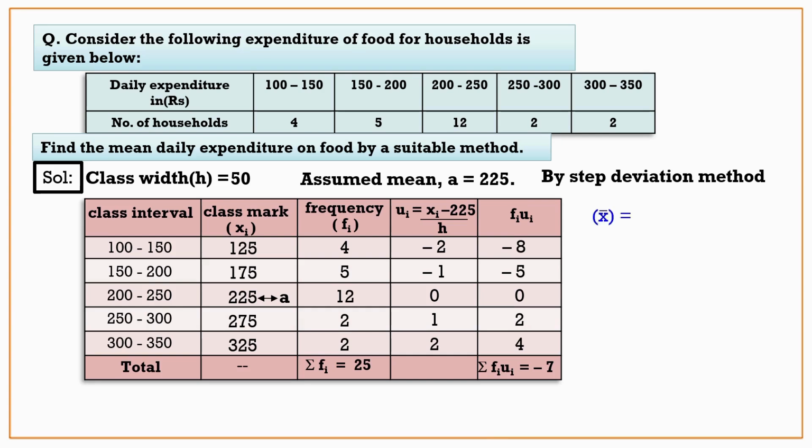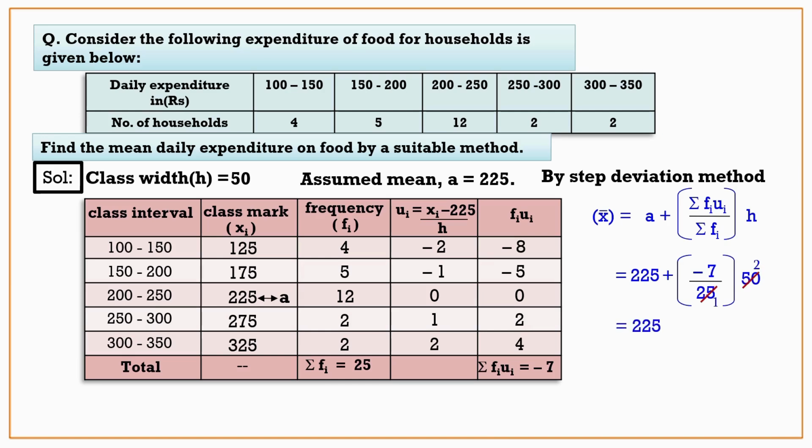So by step deviation method, apply the formula, that is x bar, that is the mean, equal to a plus summation of fi ui by summation of fi into h. So let's put the values over here. Now 225 minus 14, that is the mean is rupees 211.